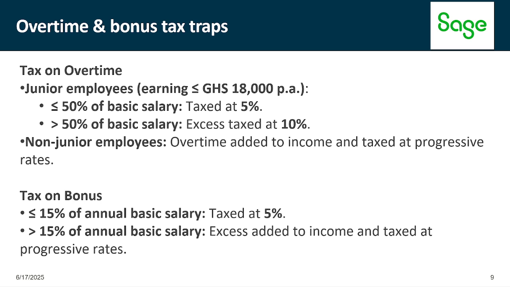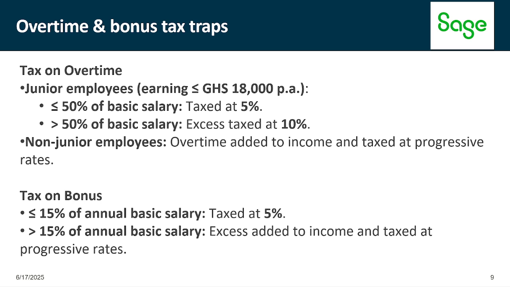Anybody whose earnings are above 18,000 Ghana cedis per year is not considered a junior employee. Basically, if your income is more than 1,500 a month, you won't be classified as a junior employee.